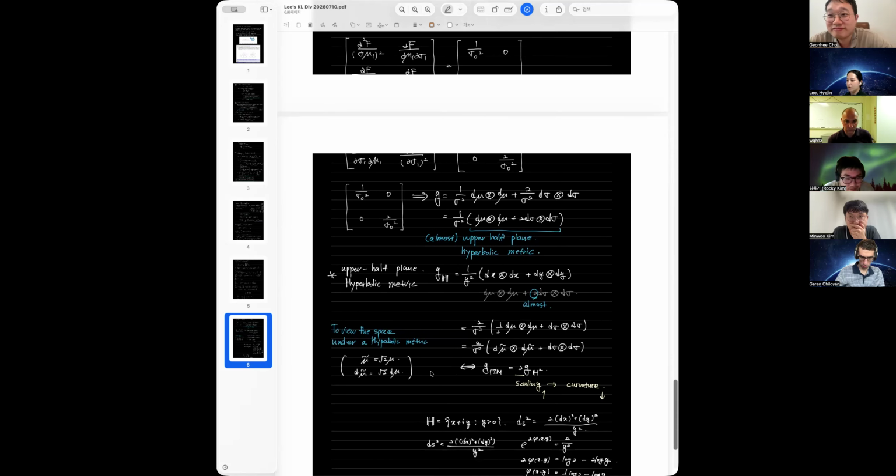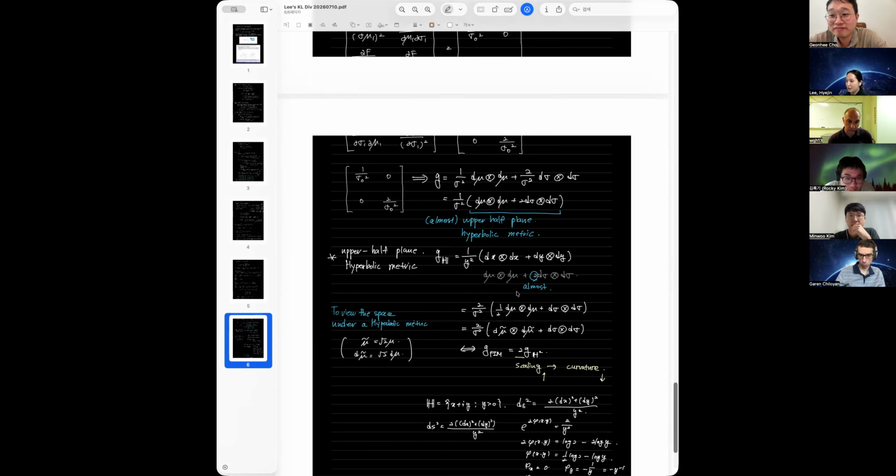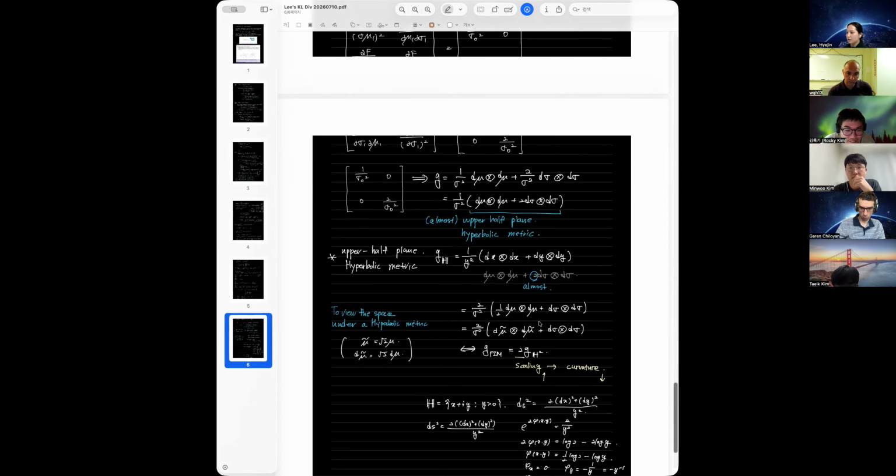If you want to view the space under the hyperbolic metric, then you can transform the coordinates like tilde mu equals square root of 2 times mu, and d tilde mu equals square root of 2 times d mu. We can transform like this and transform again.